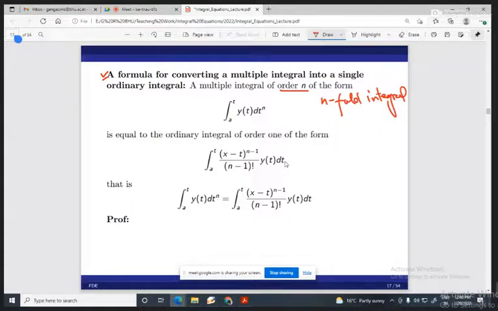It is equal to the ordinary integral in this form: the integral from a to x of (x minus t) to the power n minus 1 upon factorial (n minus 1), times y(t) dt. That is, we can write this n-fold integral as a single, one-fold integral. This is the formula where you can convert this expression.